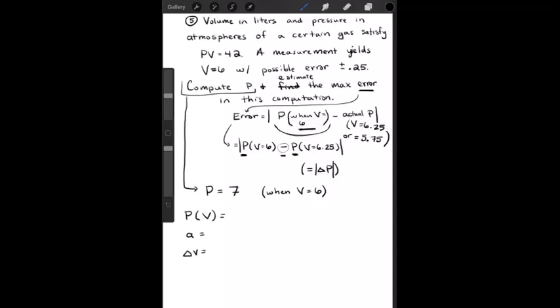Alrighty. So we've got our computing v. We want to find our max error here. So what is p as a function of v?